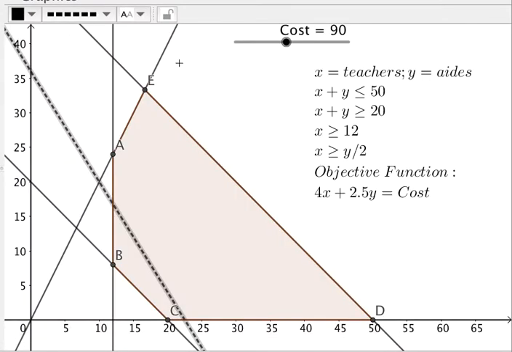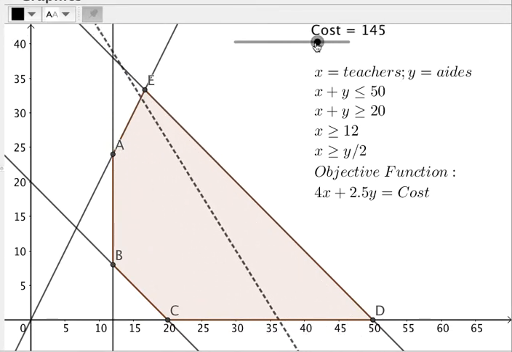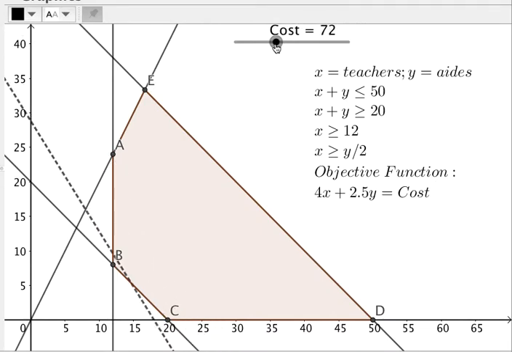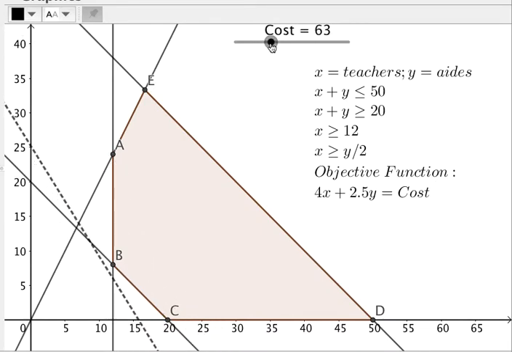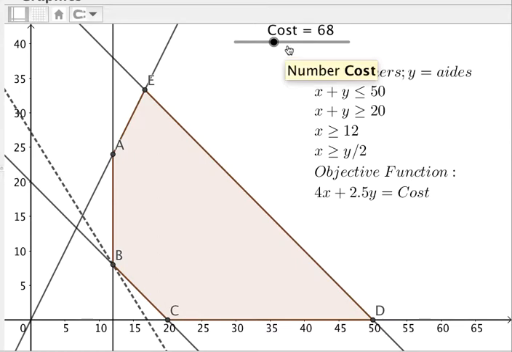Now as we move that line, we can see that the slope stays the same. And what's pretty clear is that where we first engage the feasible region is right here at point B. That means that's where we're going to have our lowest possible cost. And point B represents 12 teachers and 8 aides.